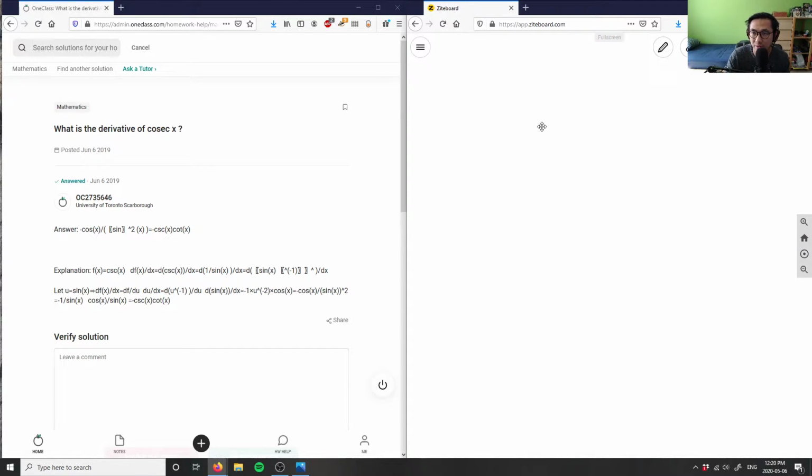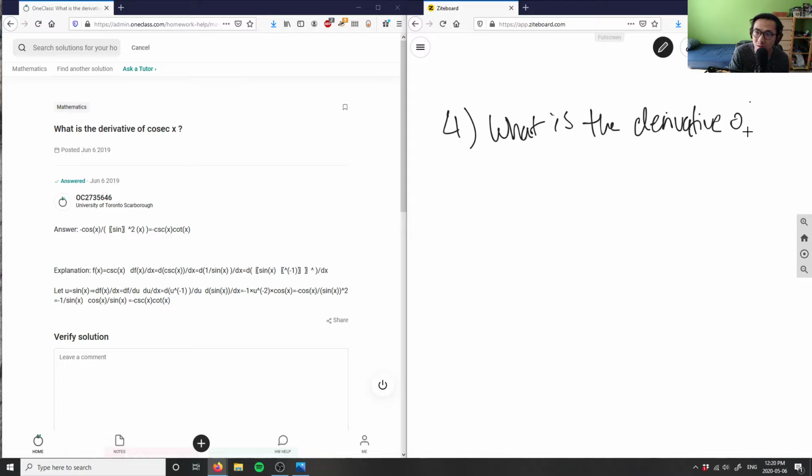So let me just write down number 4 here, because cosecant x is CSC x. So: what is the derivative of cosecant x, not cosecant x spelled like this. This here is wrong. It's CSC x here.